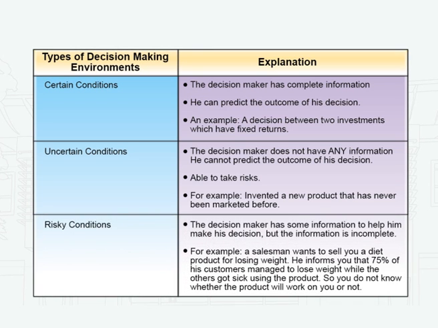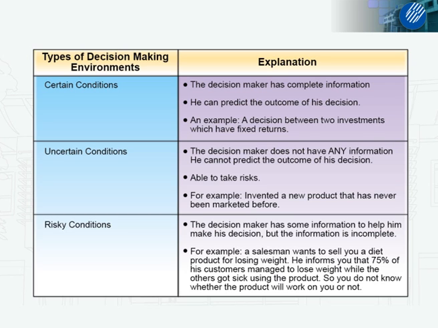Under risky conditions, the decision maker has some information to help him make his decision, but the information is incomplete. For example, a salesman wants to sell you a diet product for losing weight. He informs you that 75% of his customers managed to lose weight.